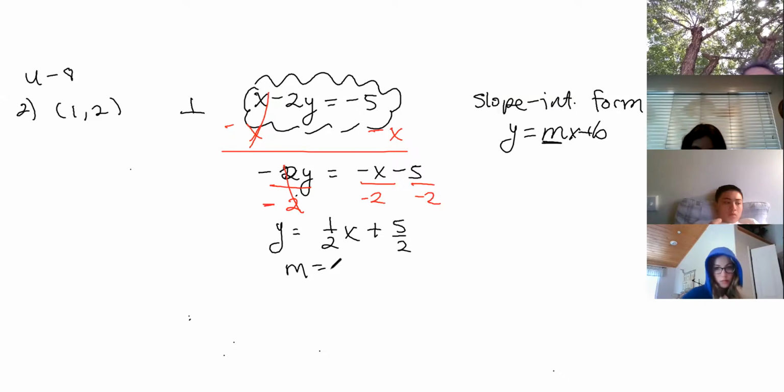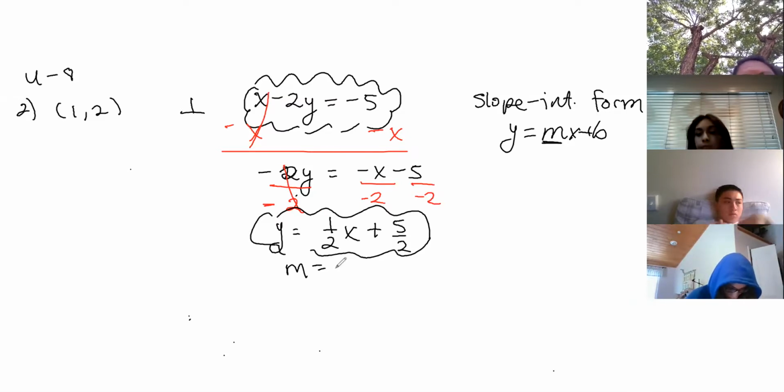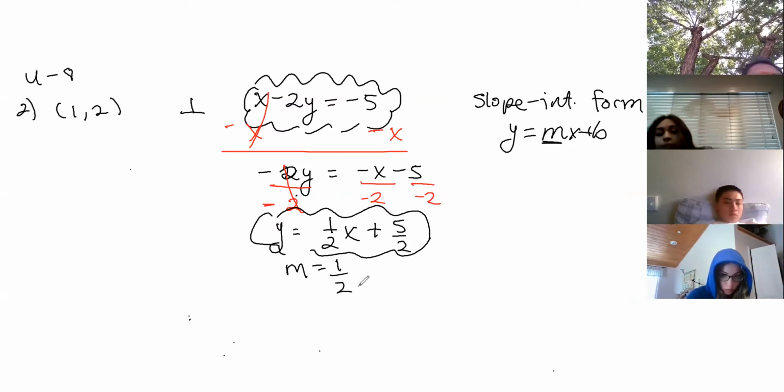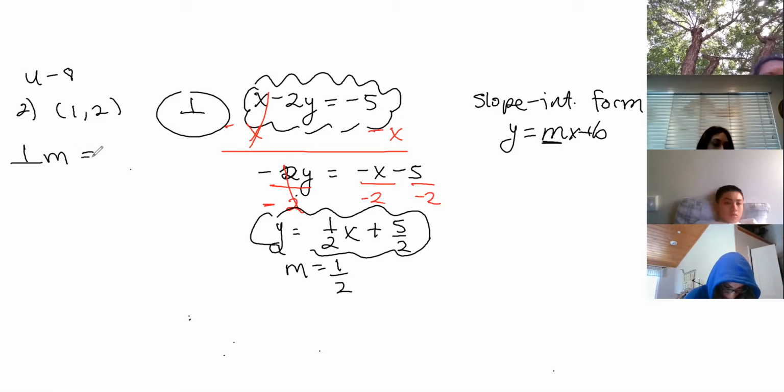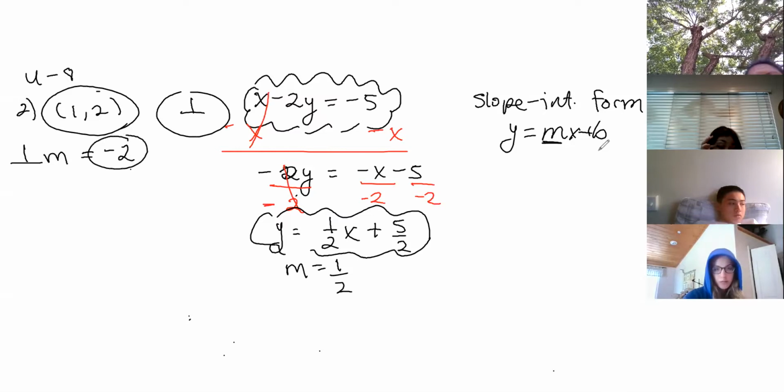What's the slope of this line right here? 1/2. Now I'm looking for the line that is perpendicular. So if the regular slope is 1/2, what would my perpendicular slope be? Opposite reciprocal, so 2 or -2? -2. All right, so I'm going to use this point and that slope to find b.